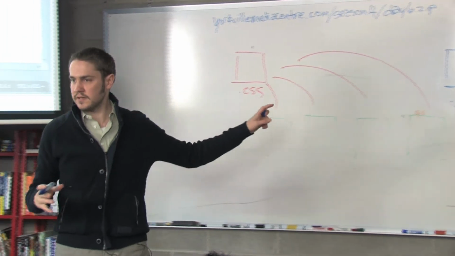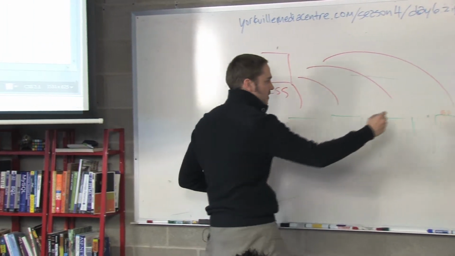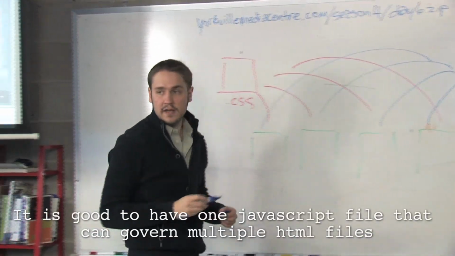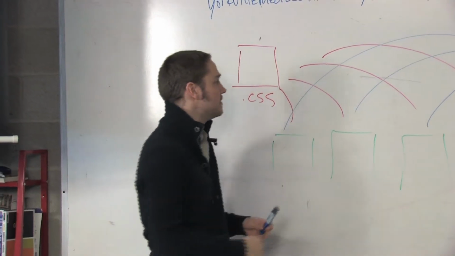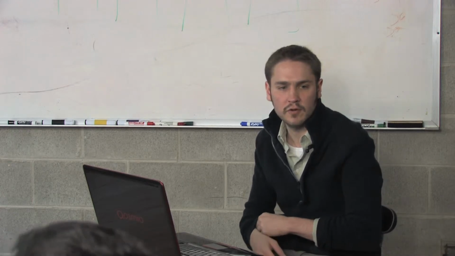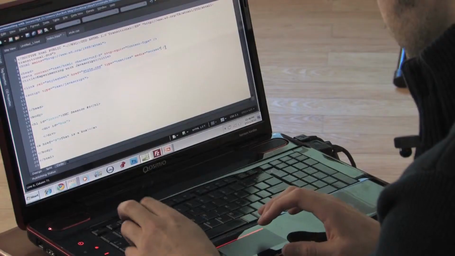A JavaScript file has a .js extension, so we've had .html, .css, and now .js. The JavaScript file will govern the action and behavior of those files. By the end, we'll have our core HTML files and two external CSS and JavaScript files. I'm using Expression Web here, but if you have Notepad++ or any other program, you'll get the same results.